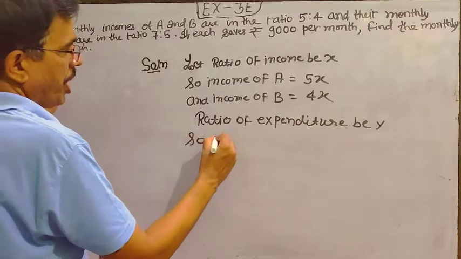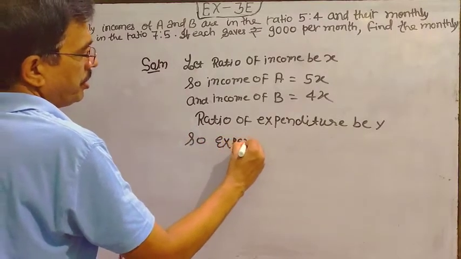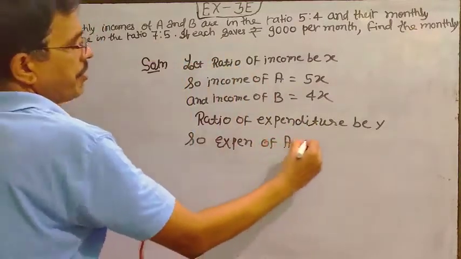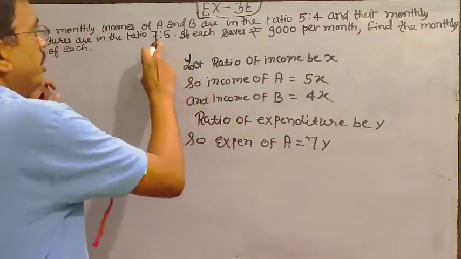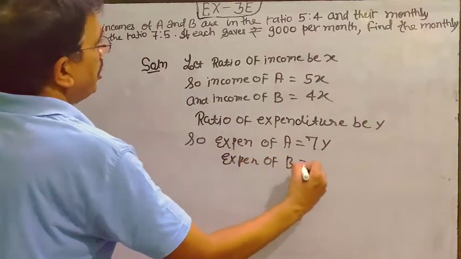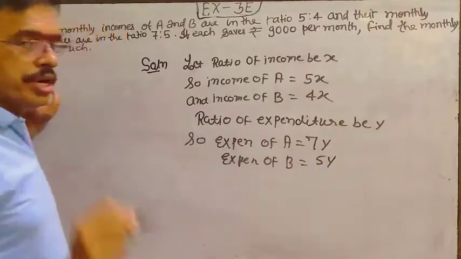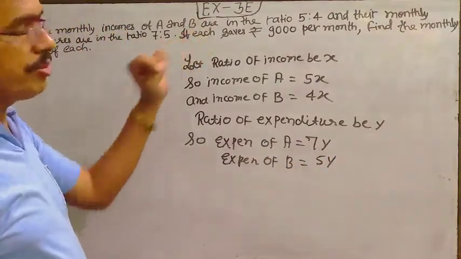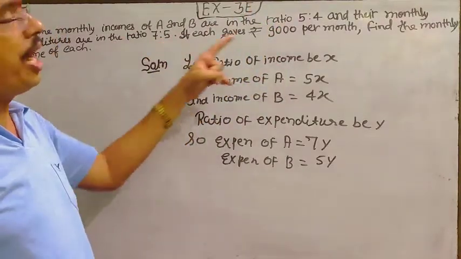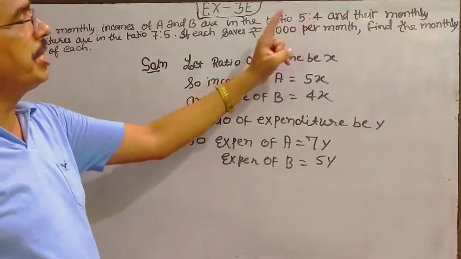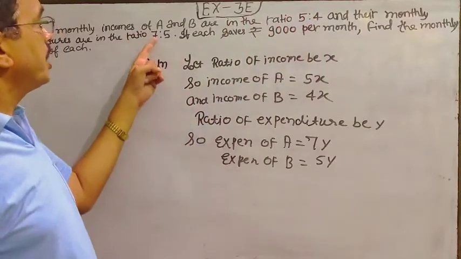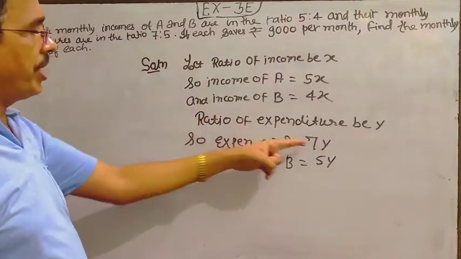So expenditure of A is equal to 7y and expenditure of B is equal to 5y. Dear students, in this question there are two ratios. The first ratio is income and the second ratio is expenditure, and both are different. So suppose the ratio of income be X, then it is 5x and 4x, and the expenditure ratio is 7y and 5y. You write here.